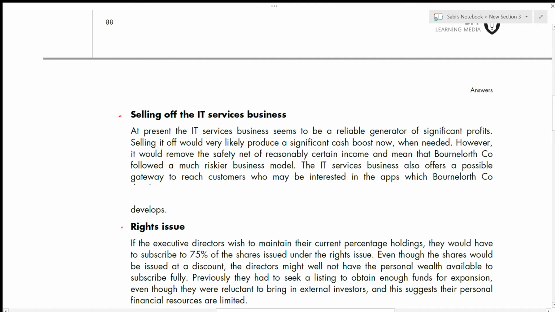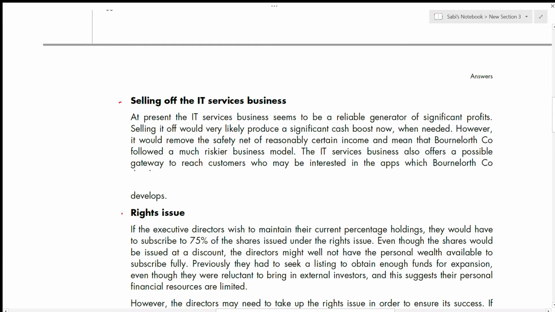At present, the IT service business seems to be a reliable generator of significant profits. Right? Clearly, they have told that this is a sector where significant profits are being made. So selling it off would be very likely to produce a significant cash boost when needed. Exactly, when you sell off, now you can get a huge amount of cash because it is a reliable generator of significant profits.